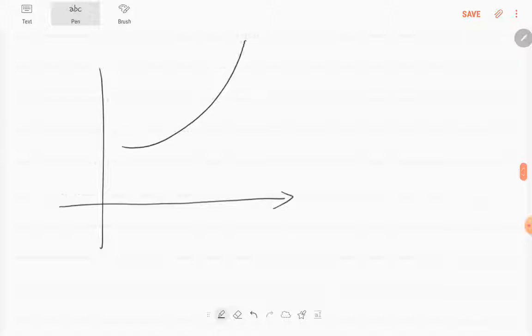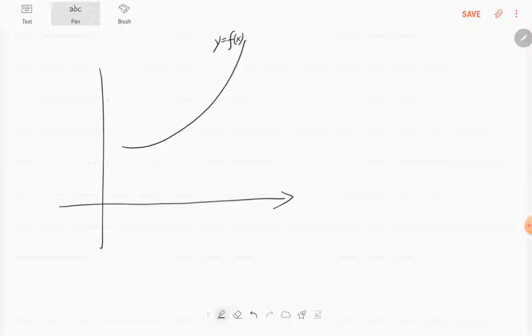So now let's look at the definitions of the derivatives. Let's look at the graph first. This is the graph y equals f of x.